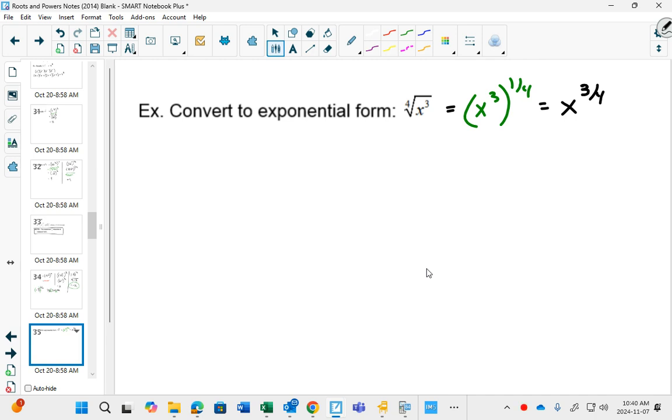So the green step says I change my fourth root to a 1/4, put everything else in brackets, and then I multiply my exponents, I'd get x to the 3/4. I'm okay if you don't write that green step, if you can do that in your head, perfect. Maybe in your notes it's good to write down to remind yourself what's happening. And maybe early on you want to do that just to take things slowly.